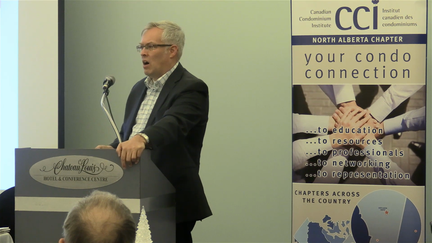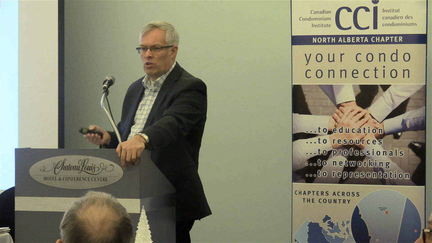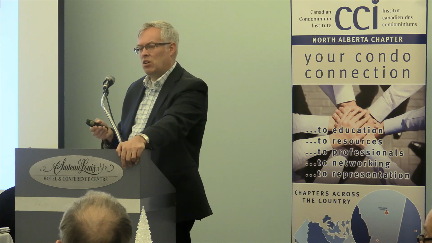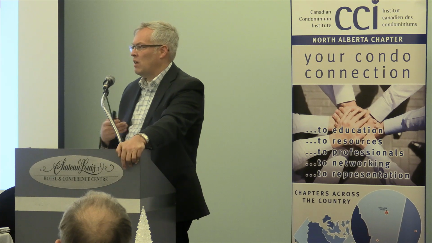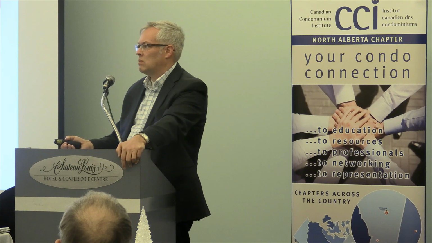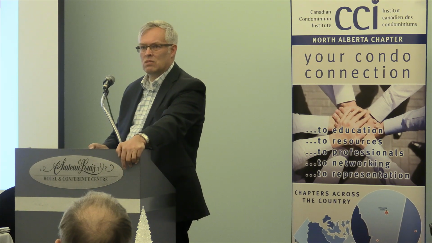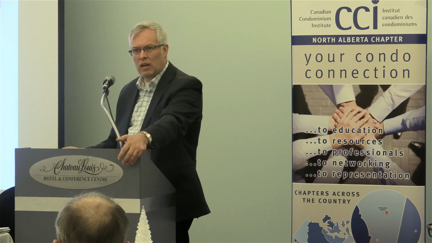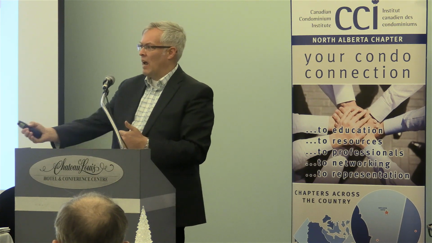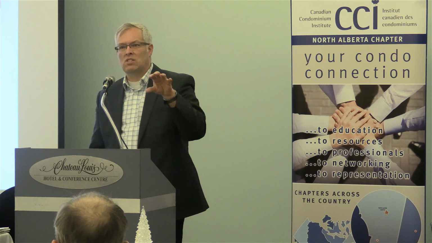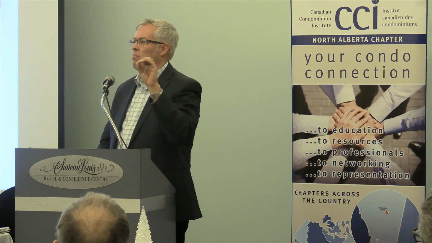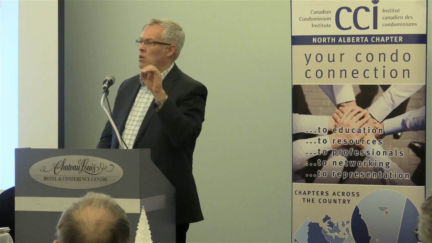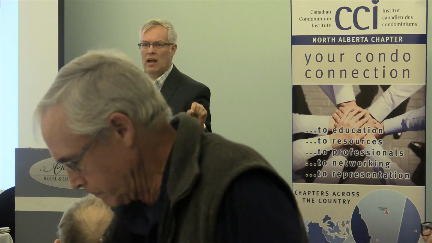If your bylaws specifically provide that your condo fees are allocated on a unit factor basis, which is the default under the Act, then when that special levy goes out, you're levied in accordance with the bylaws and the Act, right? How can you break it out? The Act specifically states that you can allocate contributions on a basis other than unit factors if the bylaws set it out.